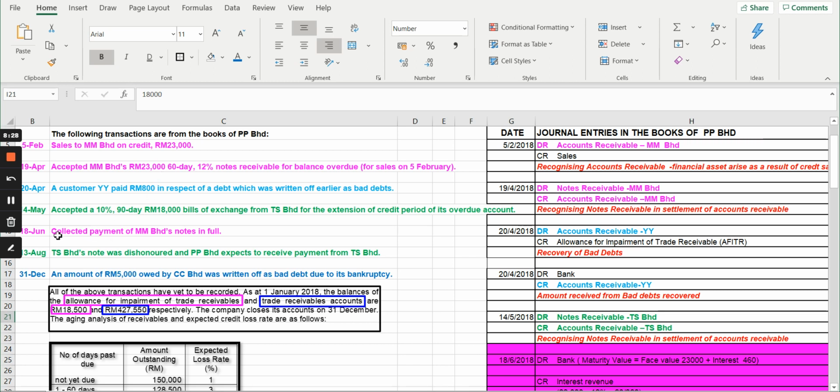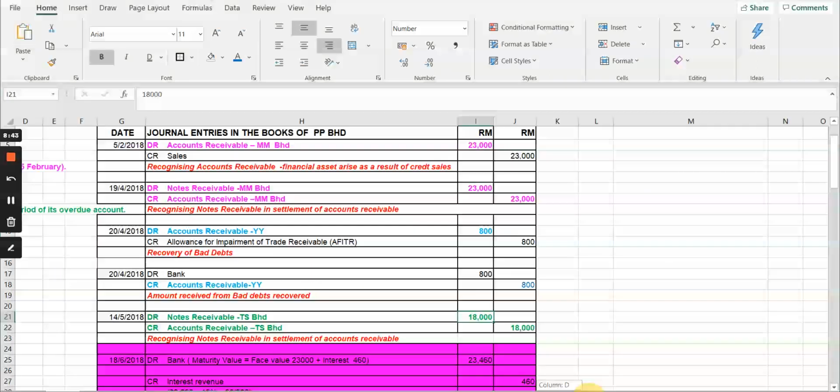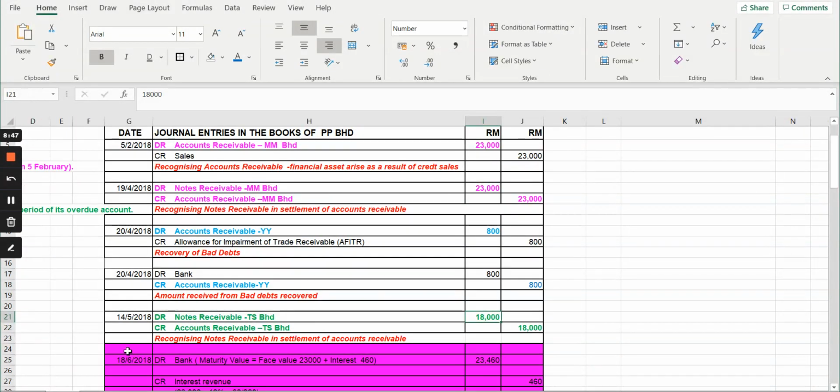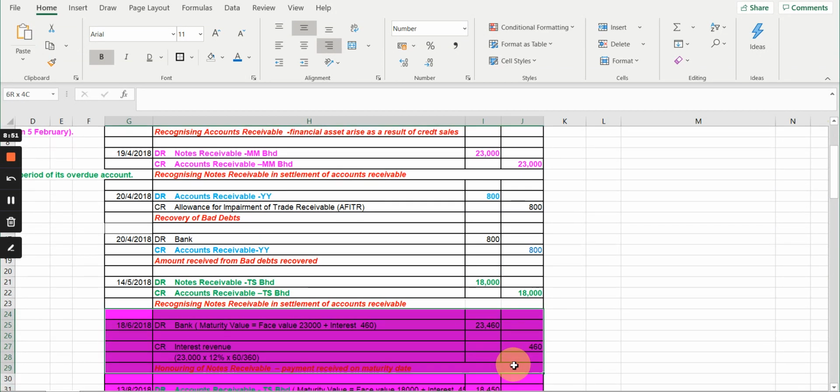So if you calculate the maturity date, it will be on 18th of June. But here it has been calculated for you. You can also work it out and calculate when the maturity date is. It should be on 18th of June. On 18th of June, you are going to record the payment that you receive from the customer.